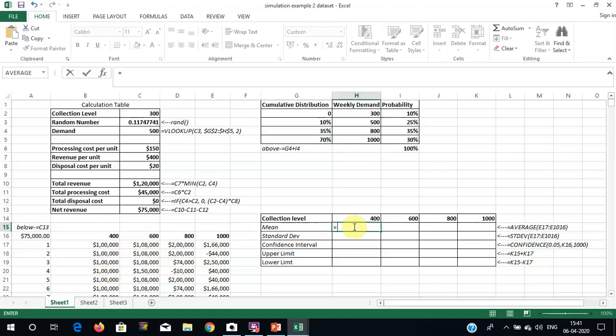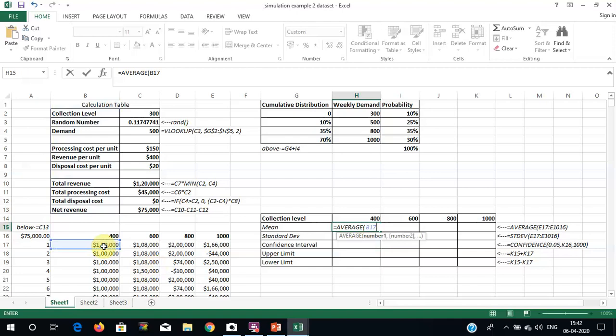Then I calculate the average. Select this, and the next value if I have to select.